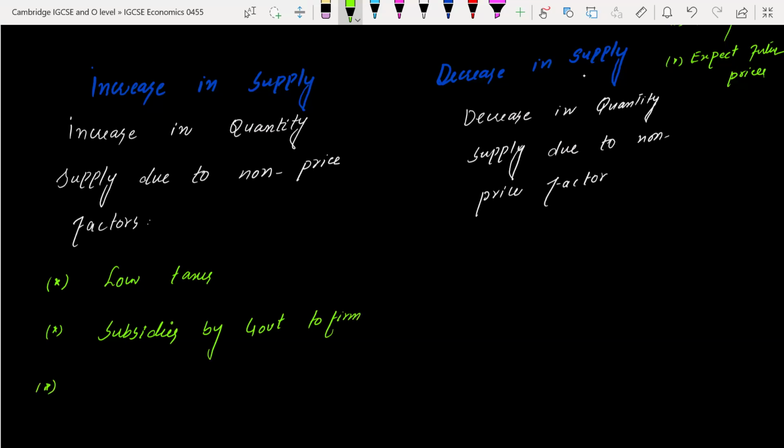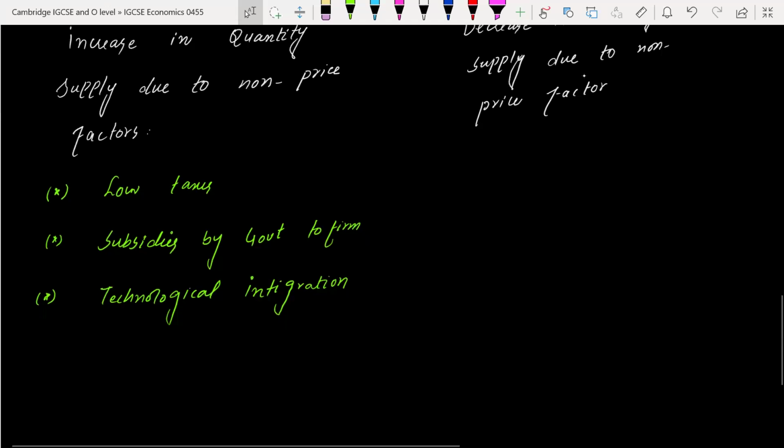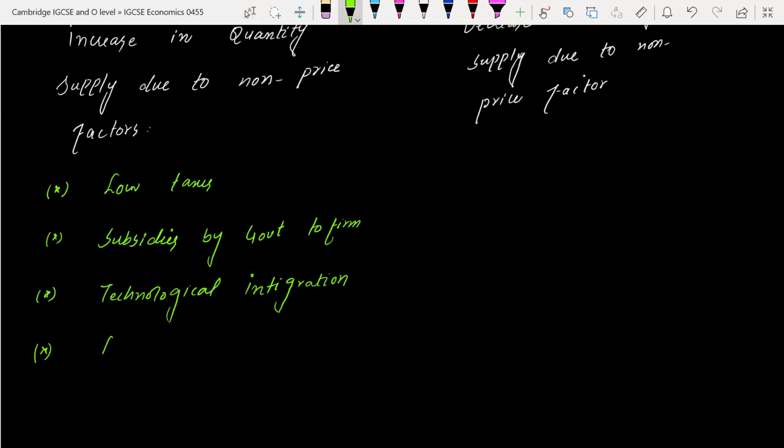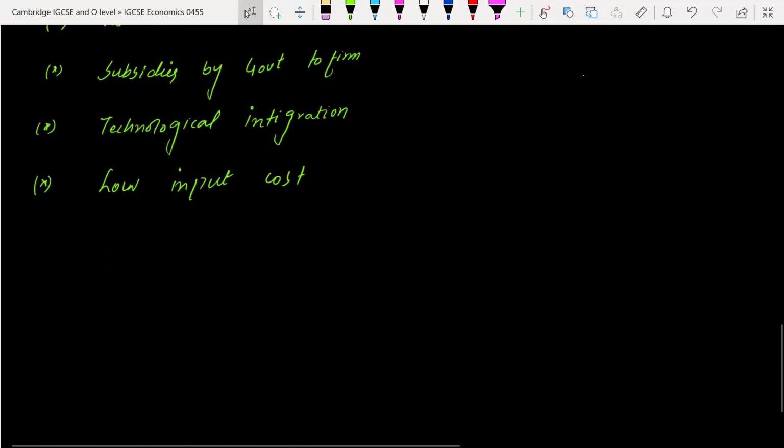If there is technological integration, if there is low input cost, then there can be an increase in supply.